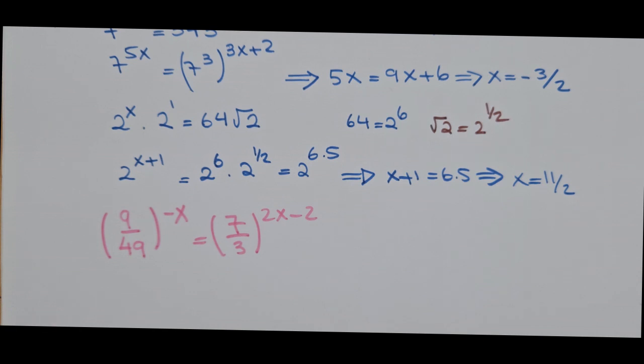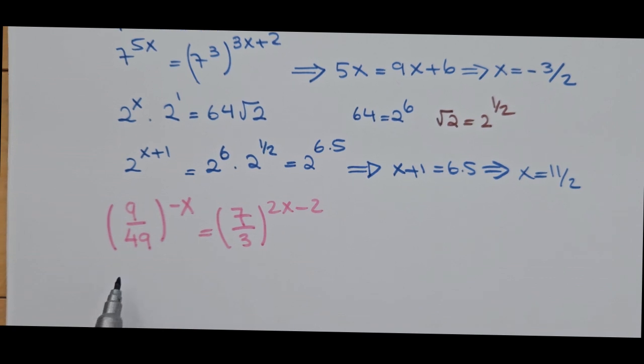I changed my pen to write down the new question, so you wouldn't confuse it with the previous one. I'll just write the solution in blue. So the next question, you have two different bases, but if you look closely, you can find the relationship between these two.